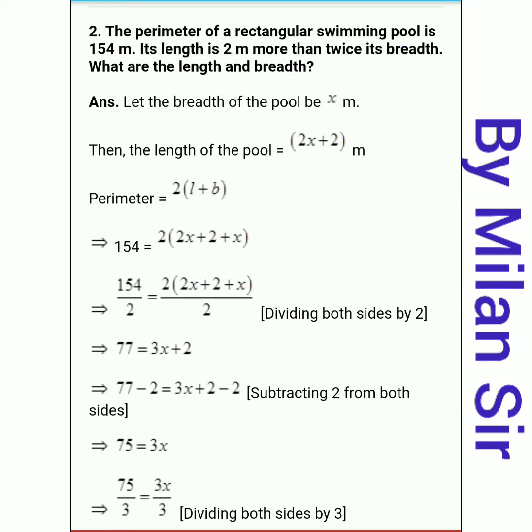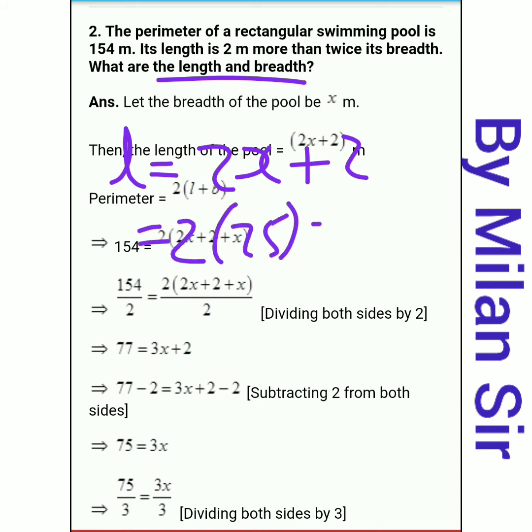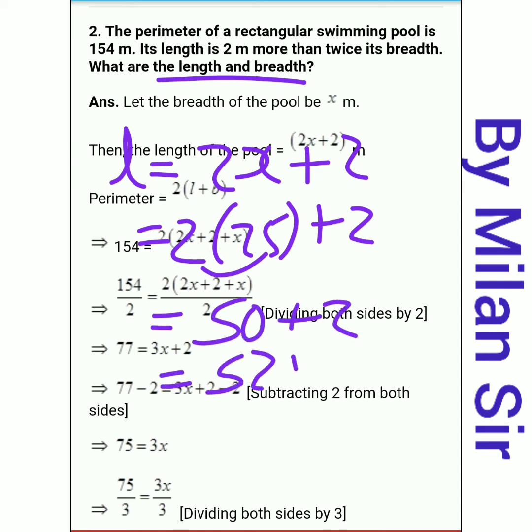Now we need to find length and breadth. So length is equal to 2x plus 2. Put the value of x here, it is 25. So 25 into 2 is 50, 50 plus 2 is 52 meter. Length is equal to 52 meter.